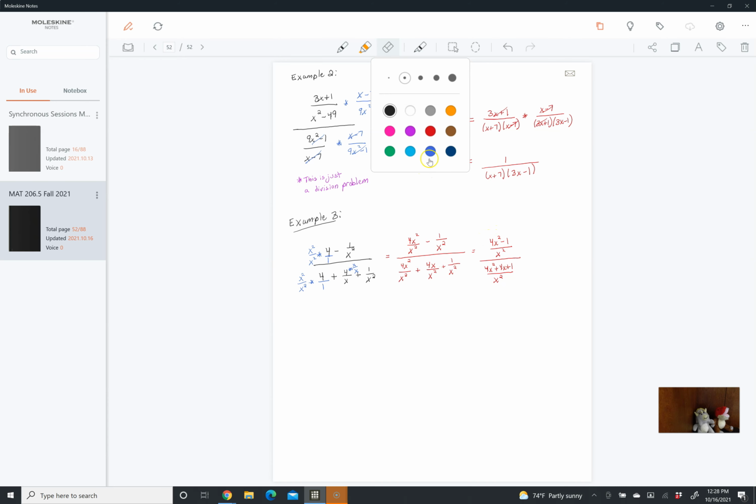From here, we're going to multiply by the reciprocal. So this was all step 1. This was all step 2. And now we're on step 3. We're going to multiply both of these by the reciprocal of the denominator.